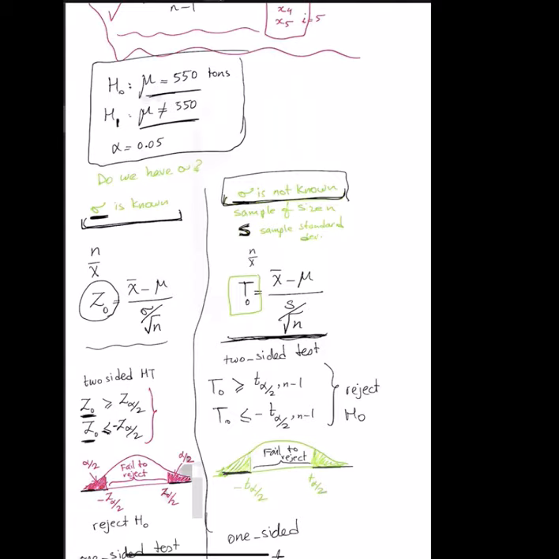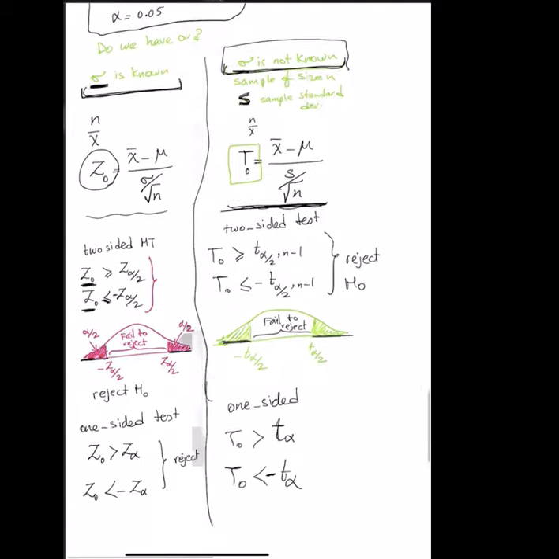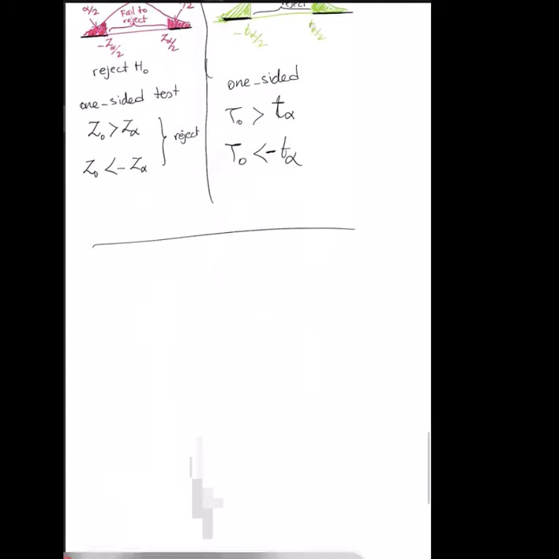Let me write it here one more time. H0: mu is 550, H1: mu is not 550. And we took a sample of size 5.